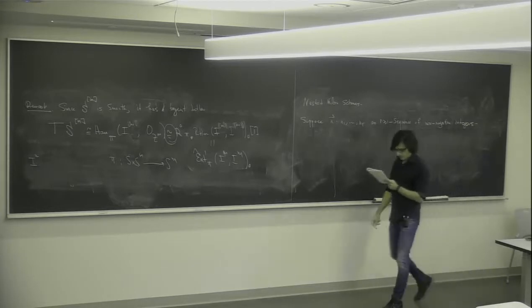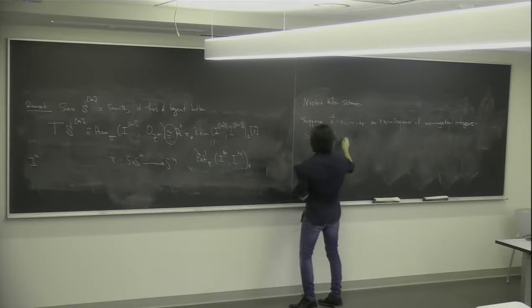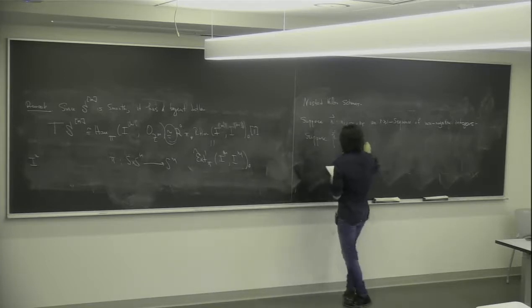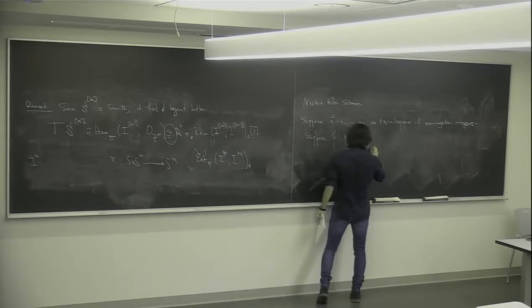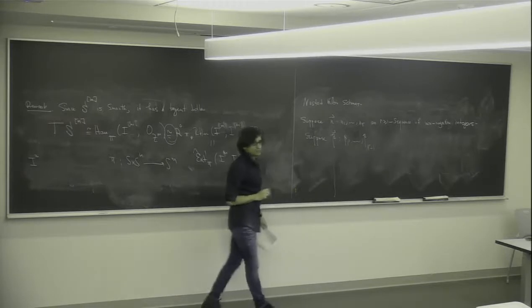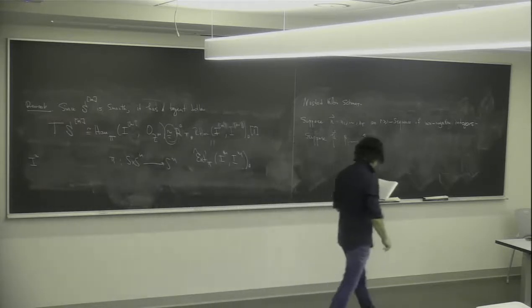And then suppose I give you a tuple of cohomology classes as well, beta 1 to beta. Now here is important. I want betas to run from 1 to r minus 1, not r, but r minus 1, and there is a good reason for that.